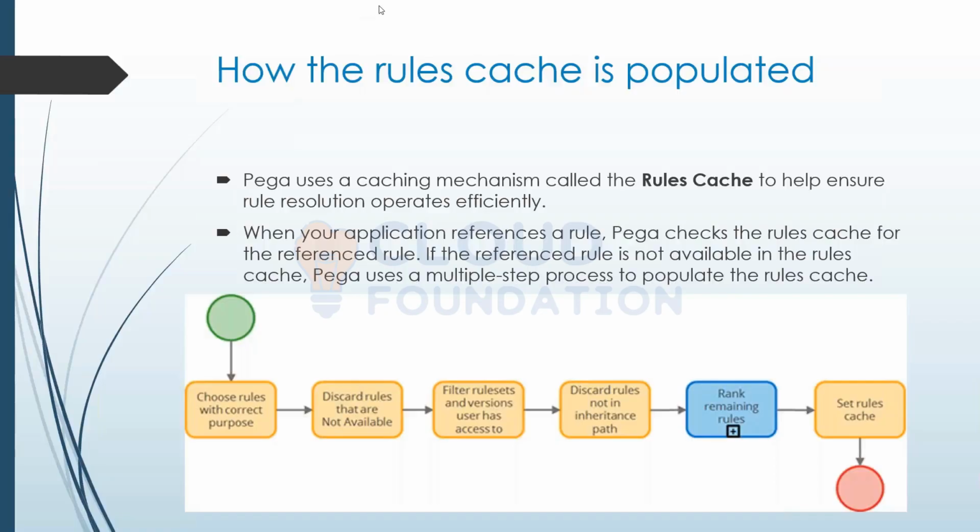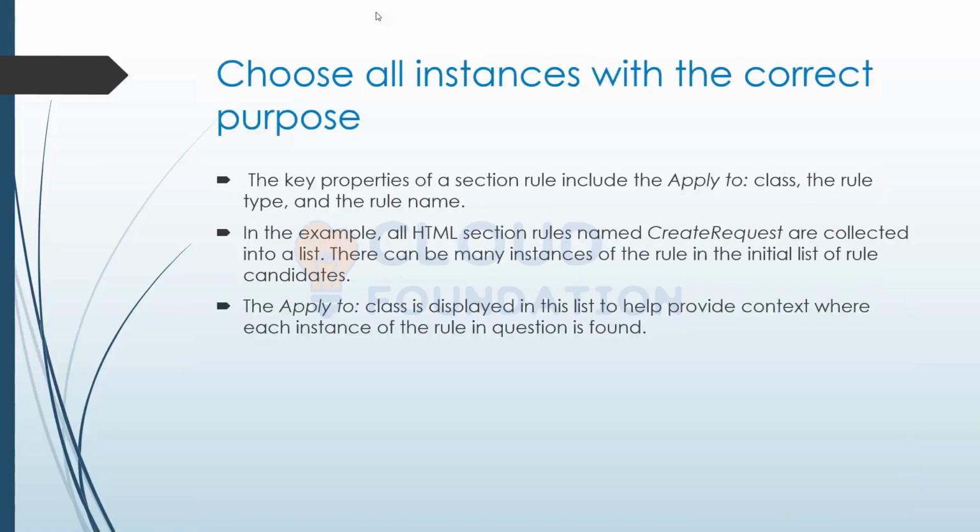But instead of looking at it like this, let's take a simple scenario. Let's take one of the rules and see how the system is going to find the best match for a particular given instance. I am going to consider a section this time. My section name is Create Request. The section called Create Request is available, this rule.